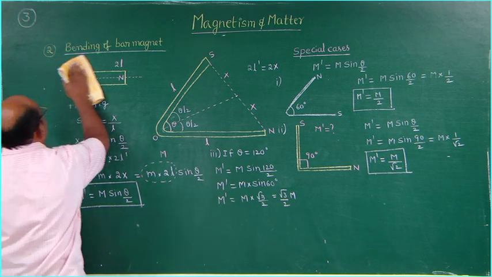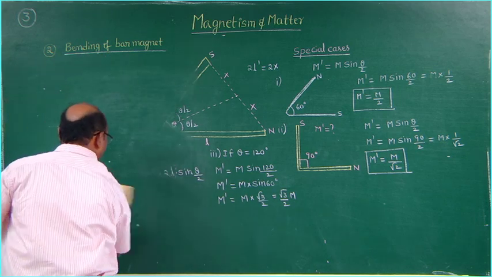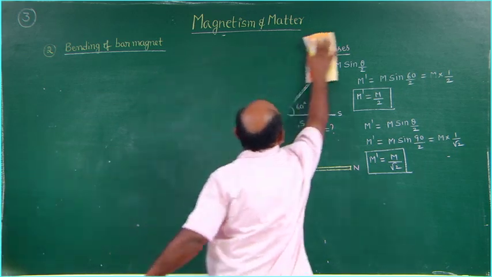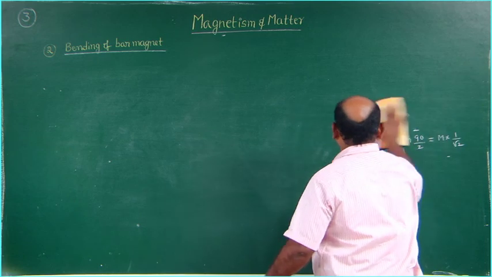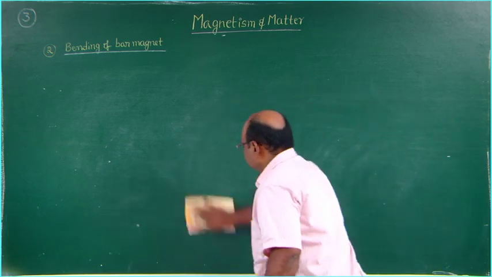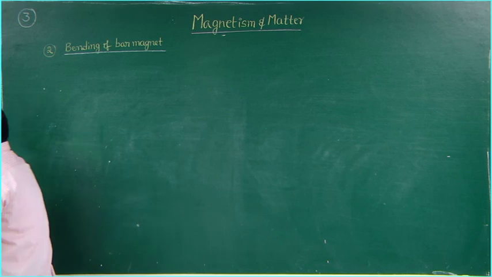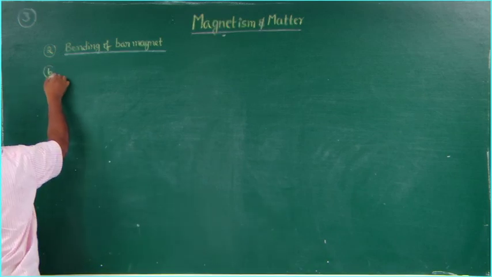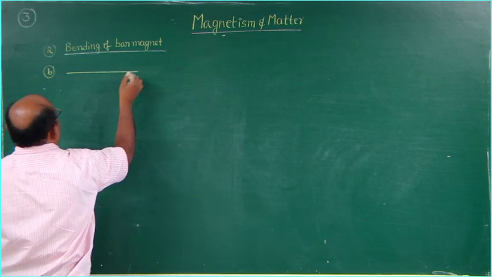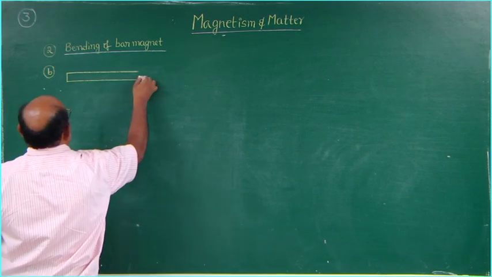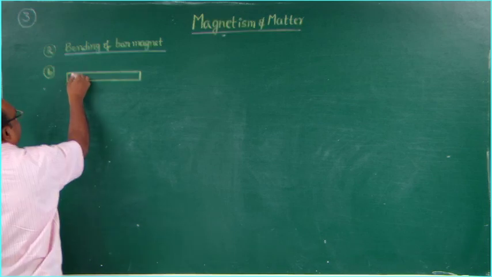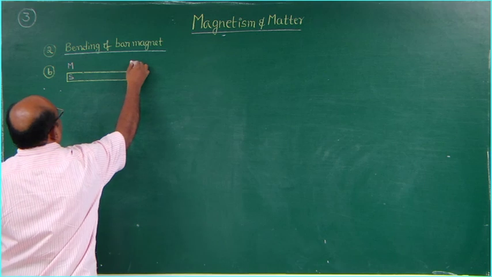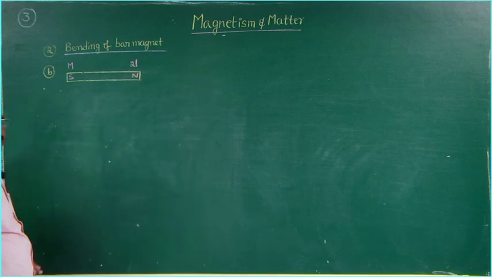Let us move to the second application and special cases in the same concept, bending of magnet. Assume it is a thin bar magnet with a south and a north pole. The magnetic moment of the bar magnet is M and its magnetic length is 2l.